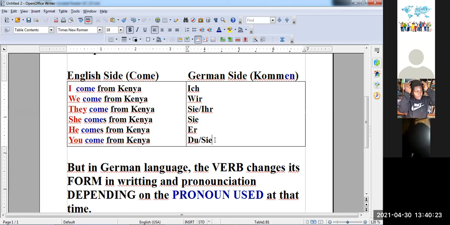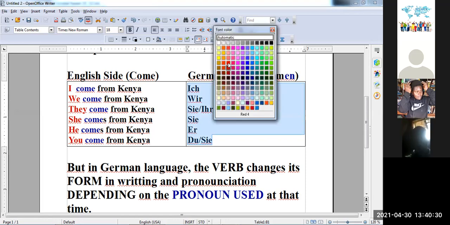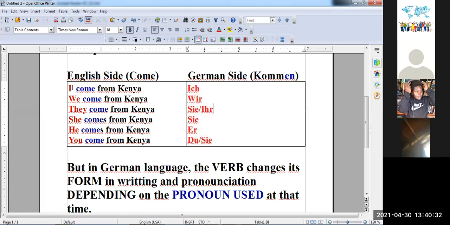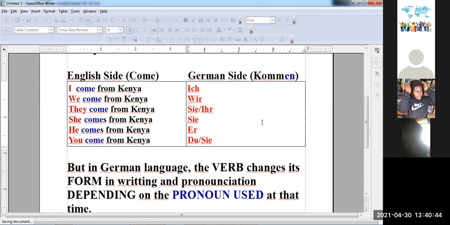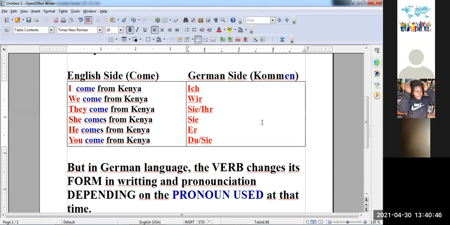I'm going to shade them red also because we are relating them to their friends on the left here. I, ich, we, wir, they, sie, ihr.